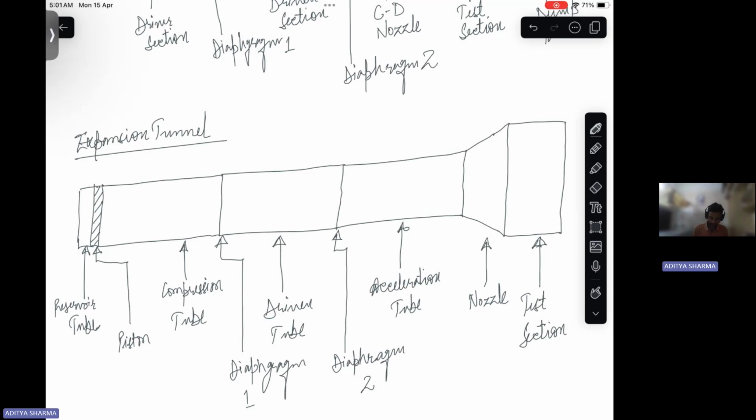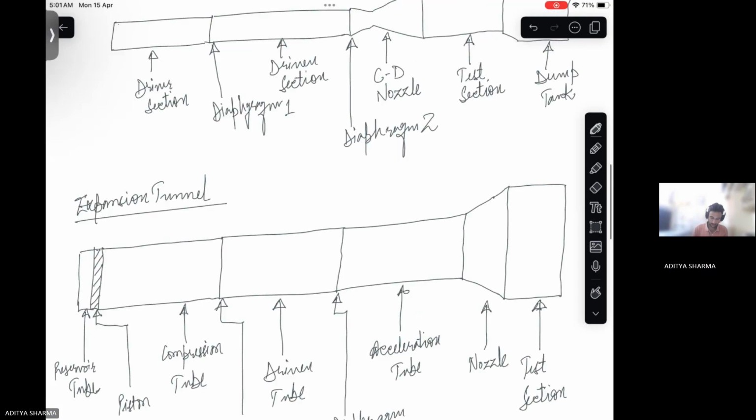After that, we have a diaphragm that separates the compression tube and the driven tube, right. After that, we have a secondary diaphragm, that is diaphragm 2. So this diaphragm separates the driven tube and the acceleration tube, right. And this acceleration tube opens at a nozzle, a divergent nozzle. And at the exit of this nozzle, we have a test section.